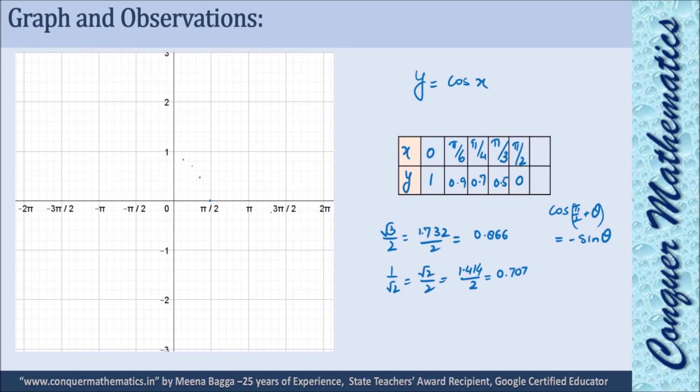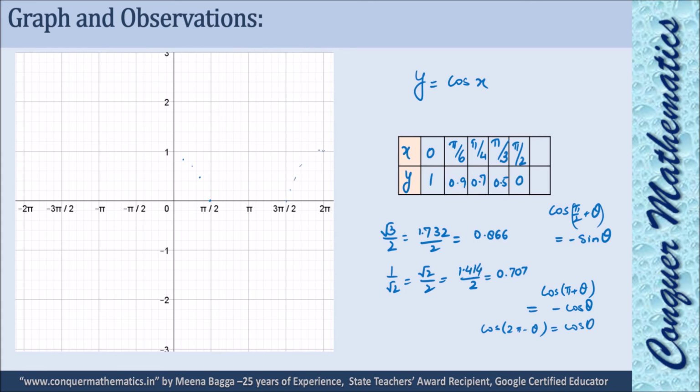And further, after pi, cos of pi plus theta is nothing but minus cos theta. So again, similar values here. Then cos of 2 pi minus theta is nothing but cos theta. So same value will repeat here.